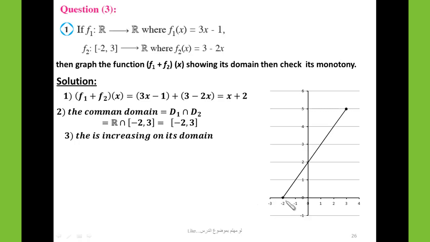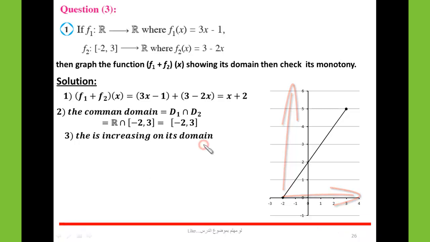Notice that when x equals negative 2, y equals 0. When x increases to 0, y increases to 2. When x equals 3, y increases to 5. So y is always increasing. So the function f1 plus f2 is increasing on its domain.